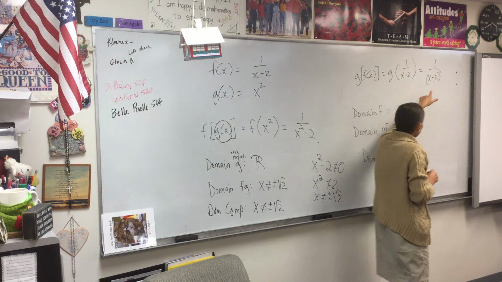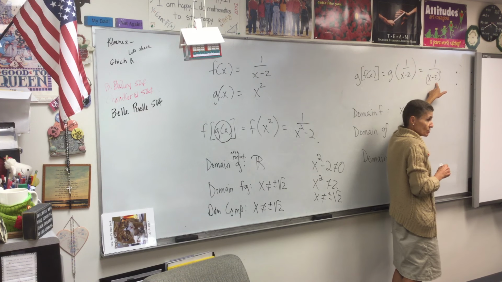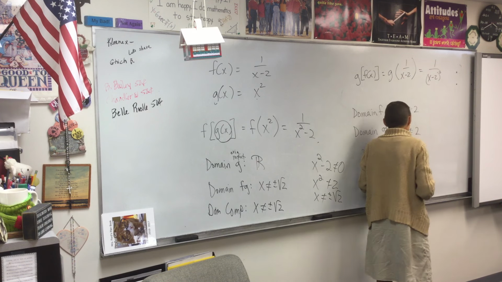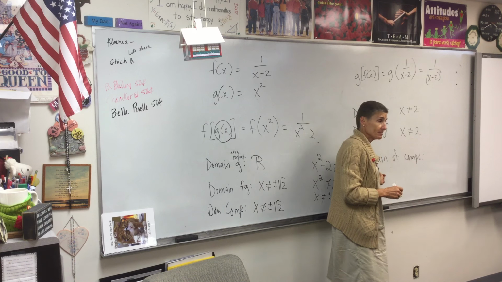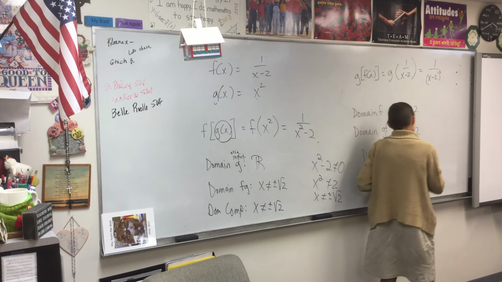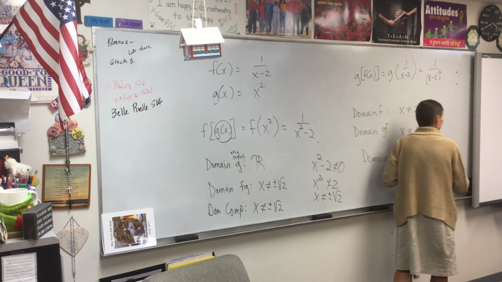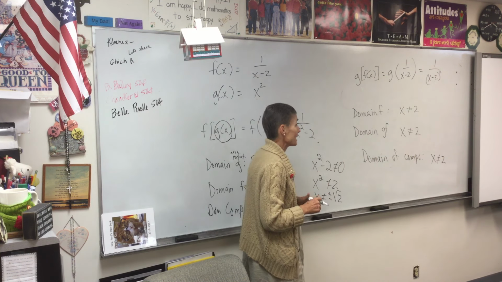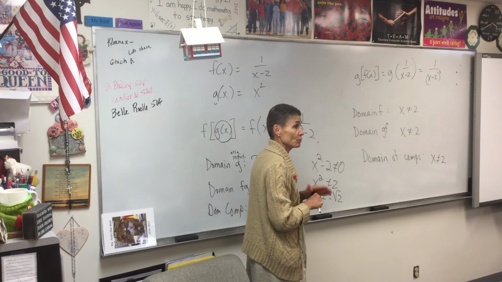Now look at this guy. What's his domain? Everything except 2. So what is the domain of the final composition then? Everything except 2. They happen to match this time. Often they do, often they don't. You just don't know.